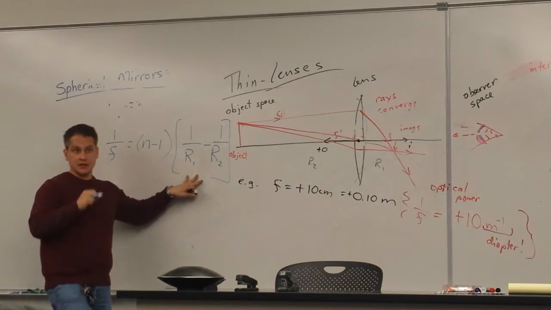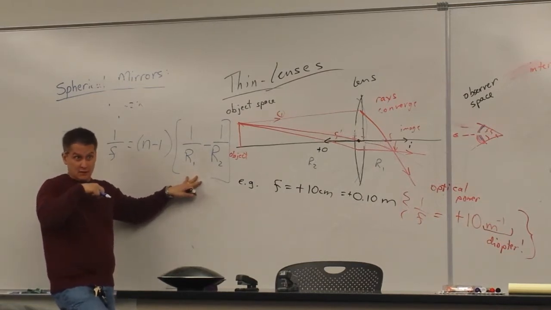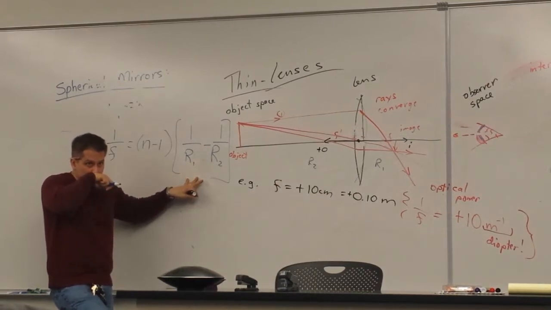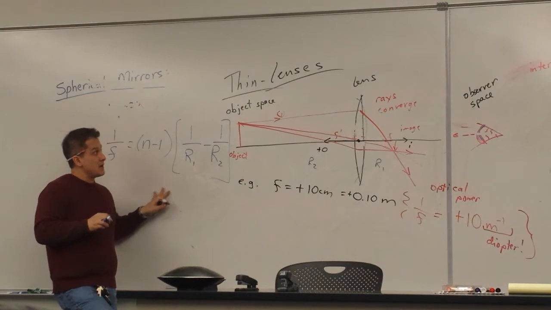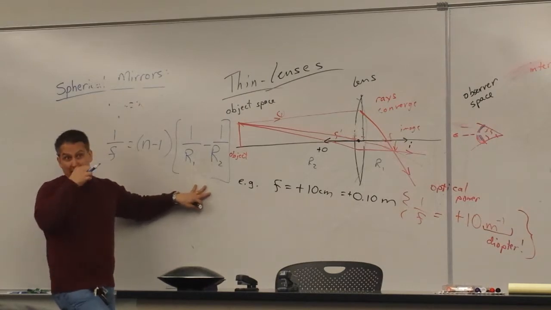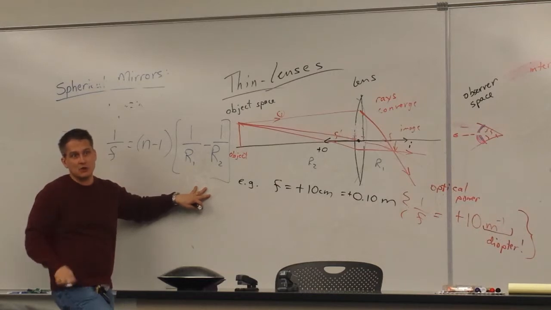But that's the simplest relationship with something like this. What I'm trying to wrap my head around is, if you don't have a spherical shape, then where is the radius measured from? It's a radius of curvature. If it's a parabola, you can't use this expression anyway.